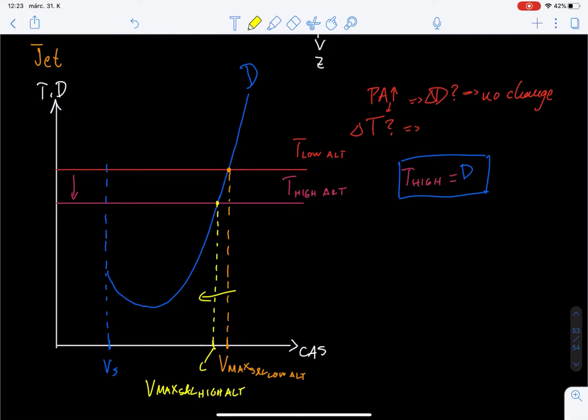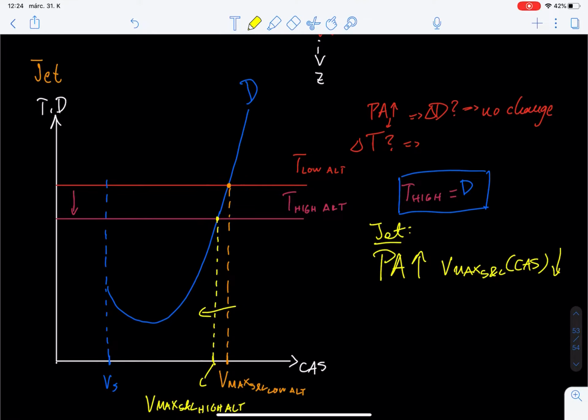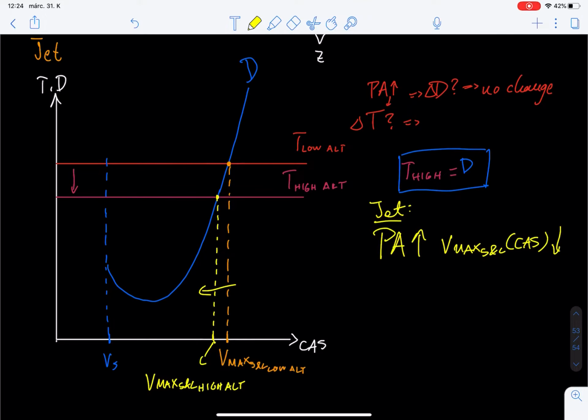So again, if pressure altitude increases for the jet, then the Vmax straight and level calibrated airspeed is gonna reduce. So you will be able to maintain the reduced thrust at a lower calibrated airspeed than before. And this is the effect for the jet.